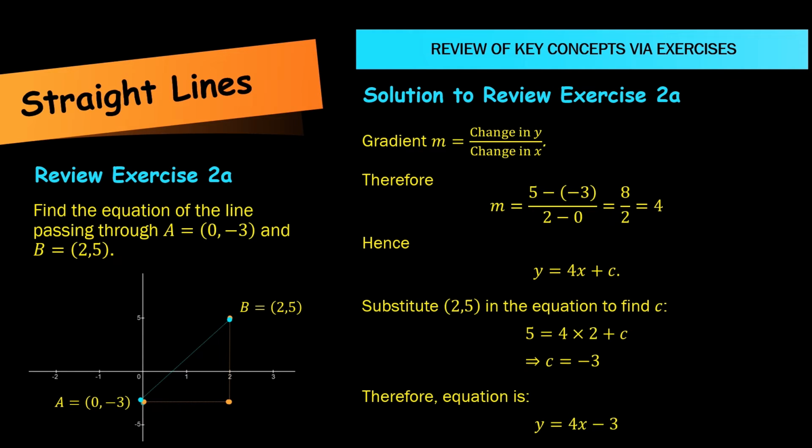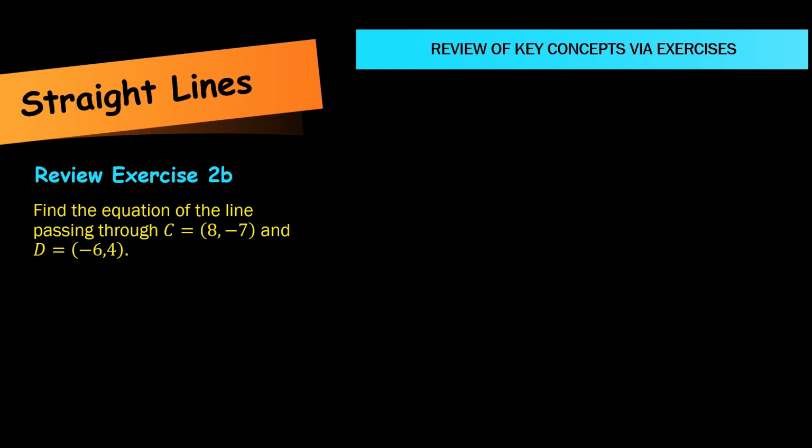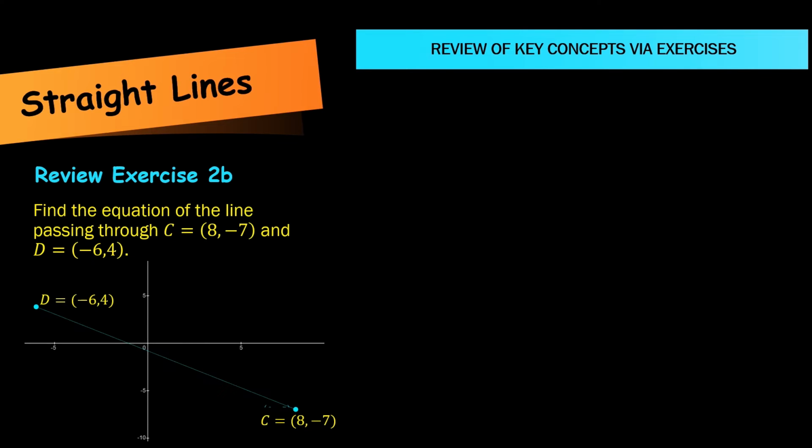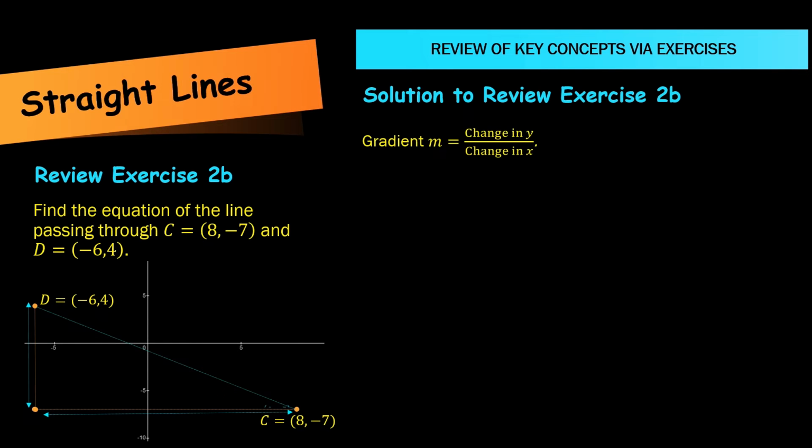And now for review exercise 2b. Find the equation of the line passing through C = (8, −7) and D = (−6, 4). We plot the points on a graph and join the points with a straight line. The gradient m is equal to change in y over change in x.